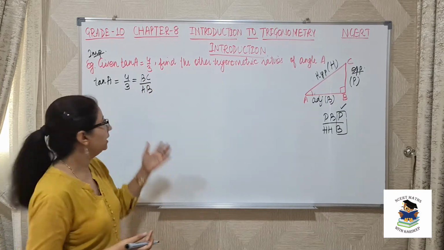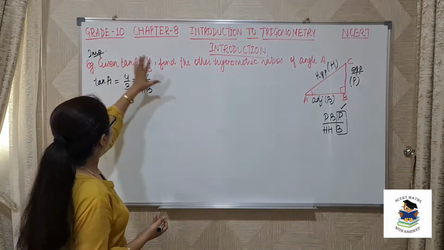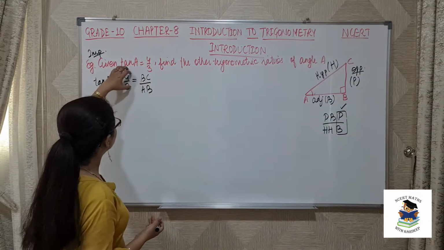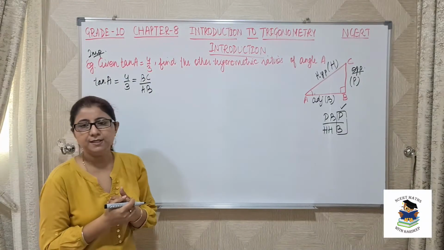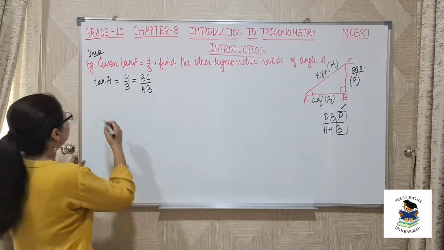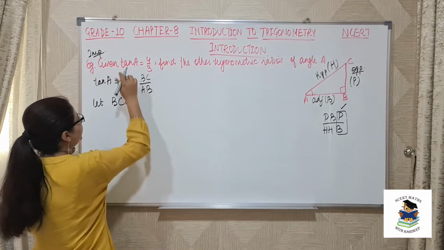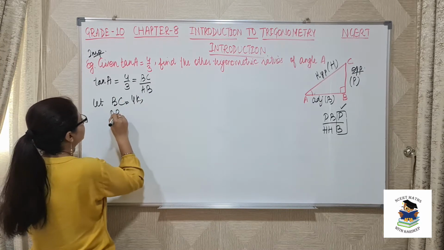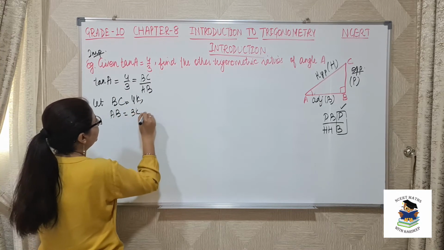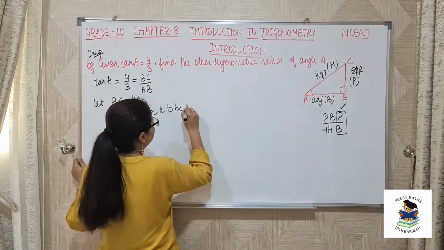So now what to do? We know that these are the ratio. After simplification we should always get 4 by 3 if we are dividing BC with AB. So let BC, that is the numerator, be 4K, and AB be 3K, for K to be any positive number.